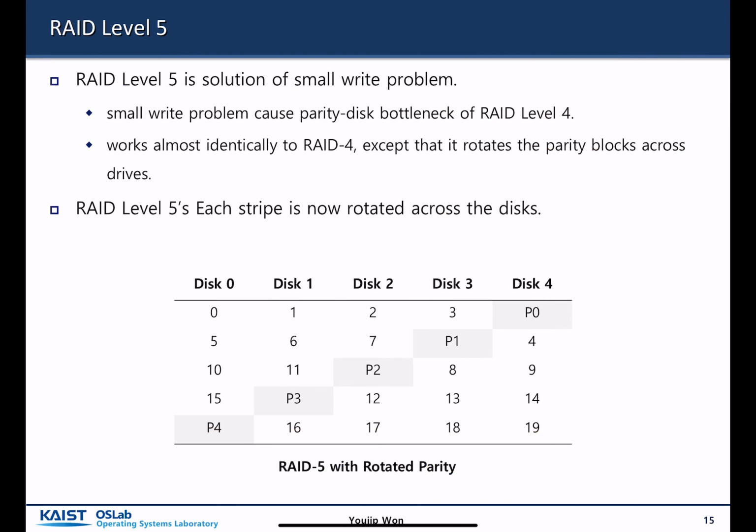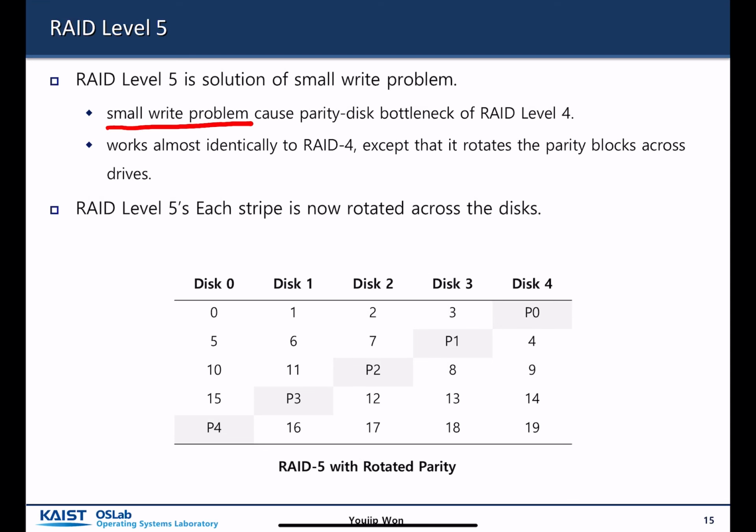They came up with a new idea, and they introduced a new concept of RAID level 5. They rotate the parity. The small write problem is due to the bottleneck on the parity disk in RAID level 4. So in RAID level 5, instead of designating a single disk as a parity disk, it rotates the parity.